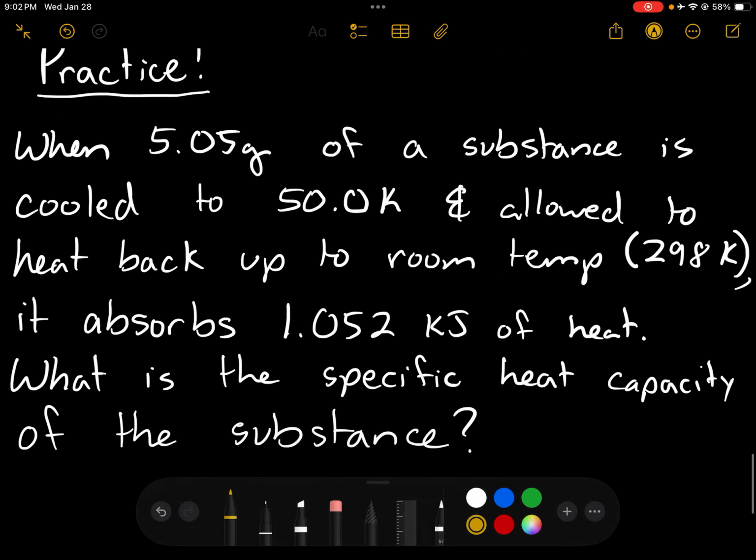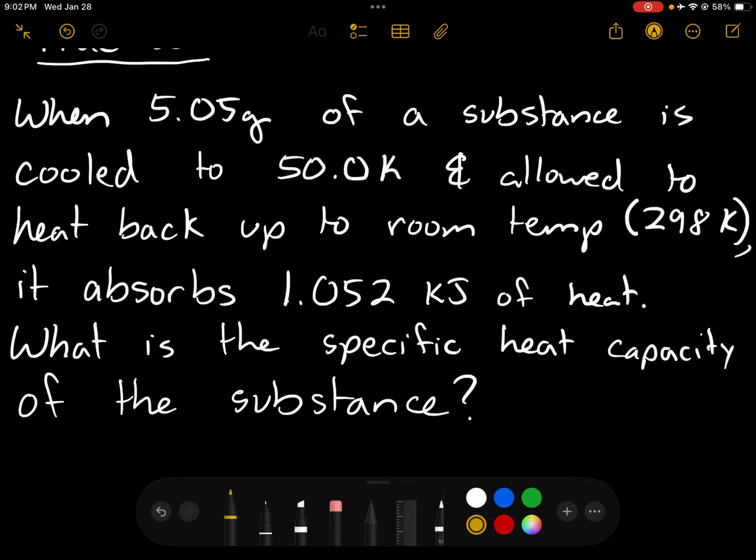All right, so let's deal with a practice problem. The practice problem says when 5.05 grams of a substance is cooled to 50 Kelvin and allowed to heat back up to room temperature, 298 Kelvin, it absorbs 1.052 kilojoules of heat. What is the specific heat capacity of that substance? All right, so we're going to use Q equals mc delta T because we have enough information to do that. 5.05 grams is going to be our mass because grams is the mass unit.